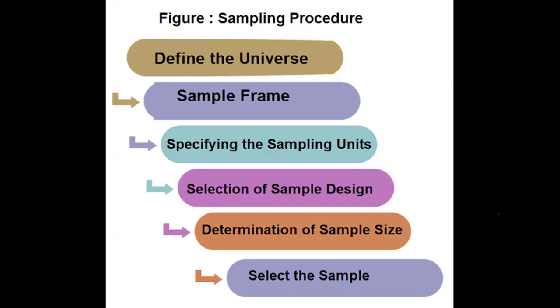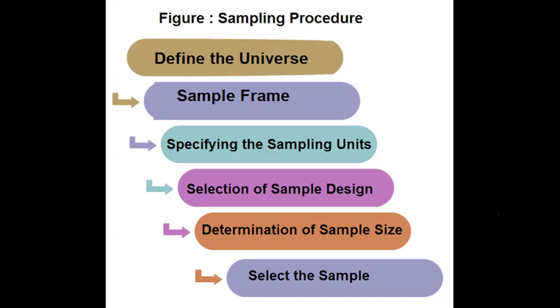Selection of sample design is another component. Now, here comes the technical one. As we have established earlier, you need to identify the population, and then you need to identify the right source from where you gather the sample units.